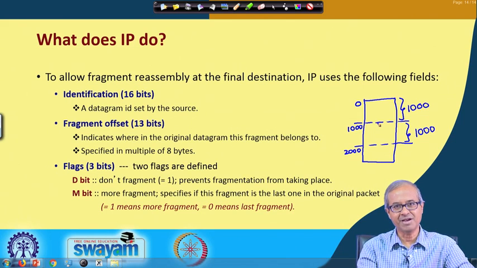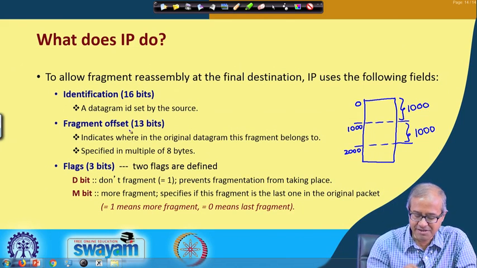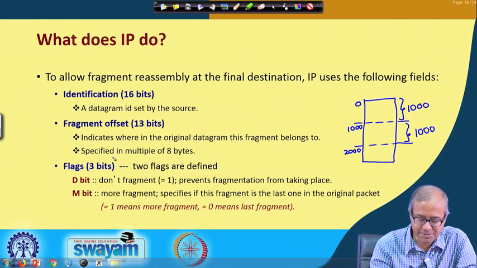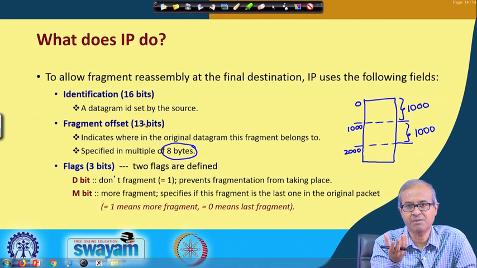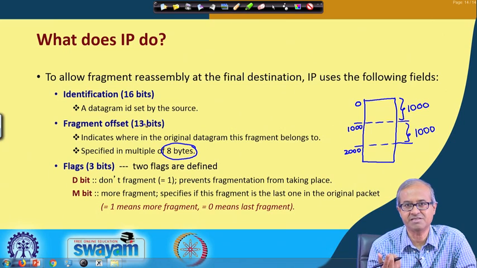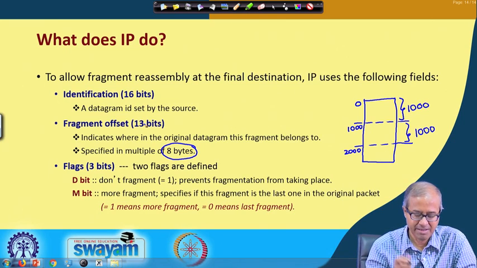And this 13-bit field specifies the offset in multiples of 8 bytes. You should remember this. So, instead of specifying this as a 16-bit field, because the number of bits in the header is limited, it uses a 13-bit field and puts a restriction that the offset has to be a multiple of 8 bytes. And there are flags, there are 3 bits reserved for the flags, but actually 2 flags are defined.